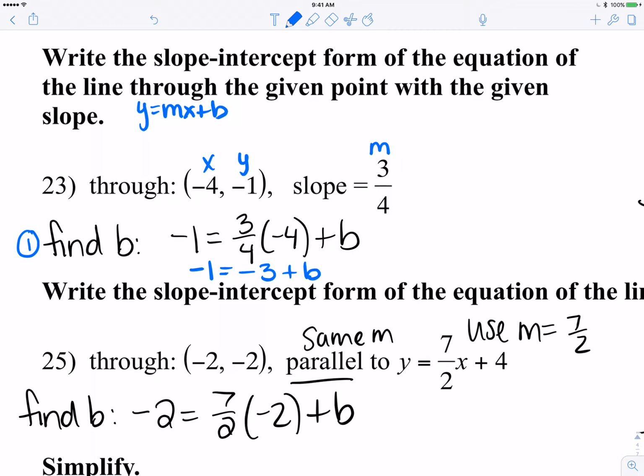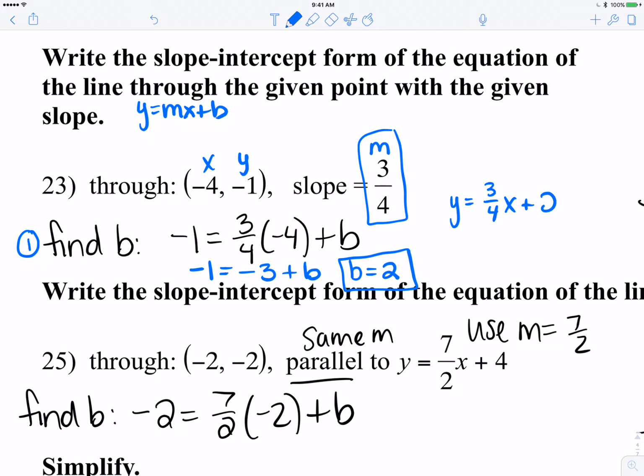Add 3 to both sides of the equation and you get a b value of 4. So you're ready for your answer because you have m and you have b, and that's what you need for the equation of a line. So let's just plug those in. Y equals 3/4 x plus b. There's the equation of the line.